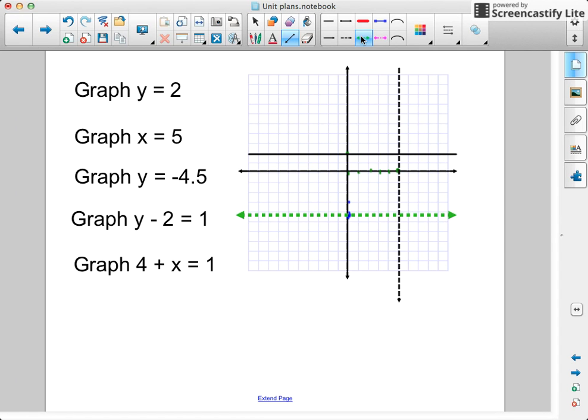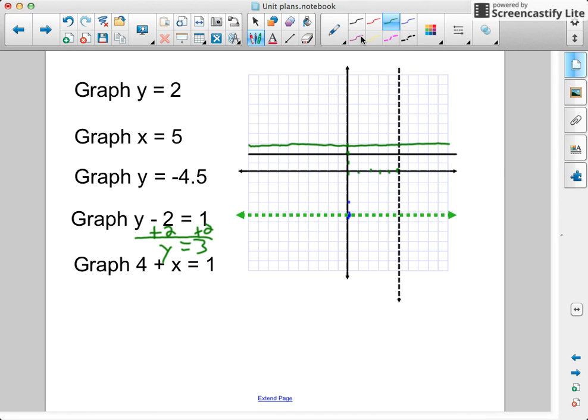Okay, this next one, y minus 2 equals 1. Well, first you kind of have to solve for y. So I'm going to add 2 to each side. y equals 3. So if y equals 3, go 1, 2, 3 up and draw a horizontal line right there. And finally, 4 plus x equals 1, so subtract 4 from both sides.